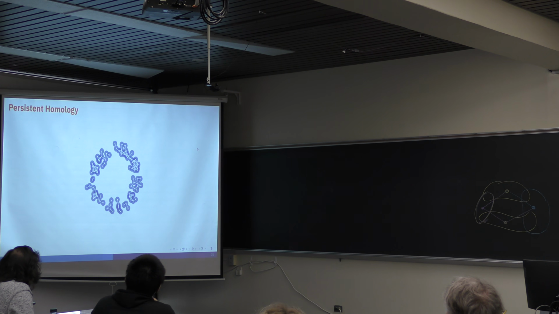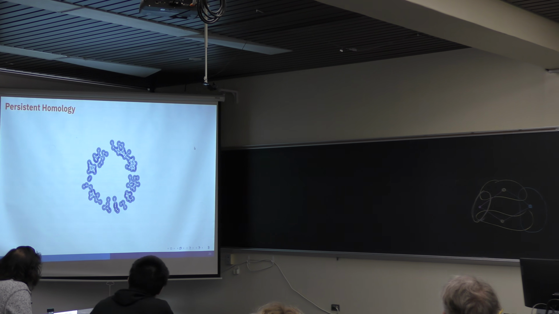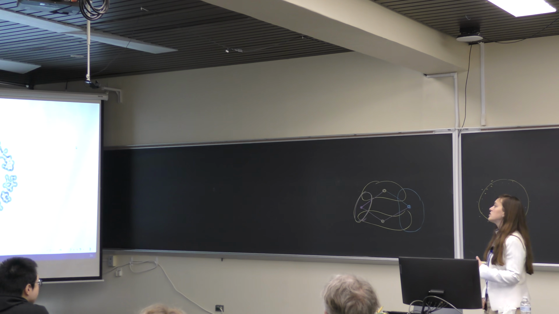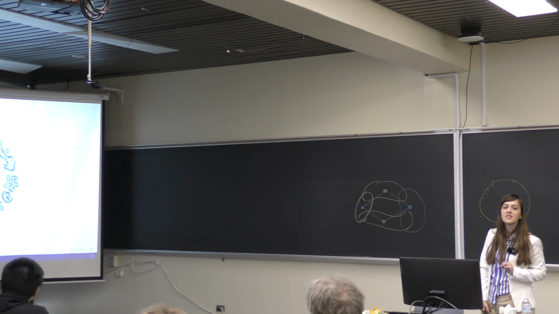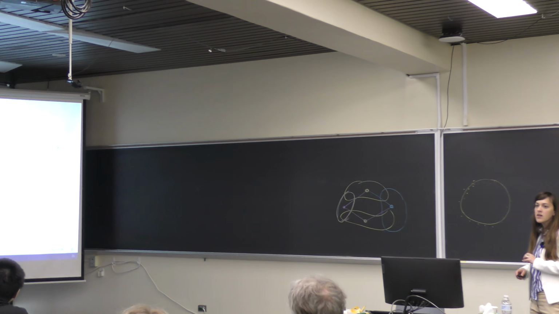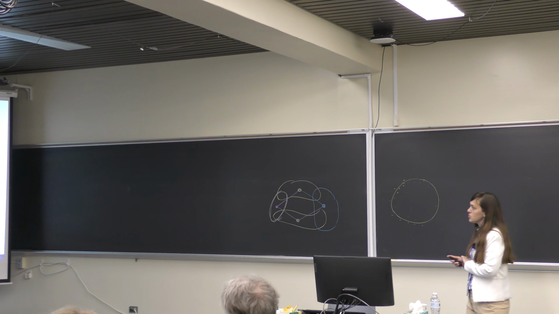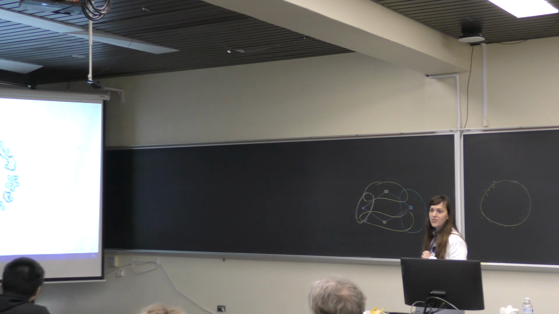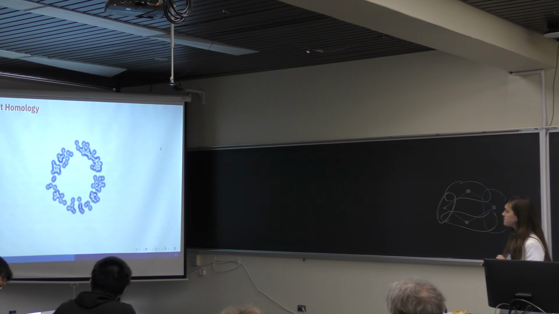I'm going to take balls of radius r and the union of these balls. Here you see an overlay with a simplicial complex that I mentioned earlier, but I will not get into. That would be the combinatorial structure that you build on top of these unions of balls.